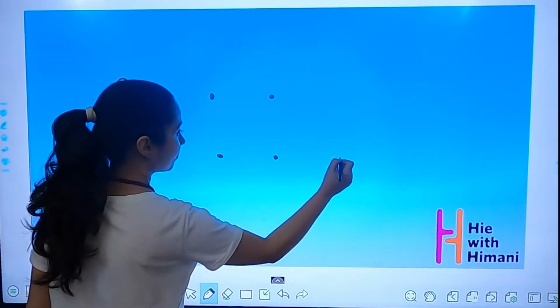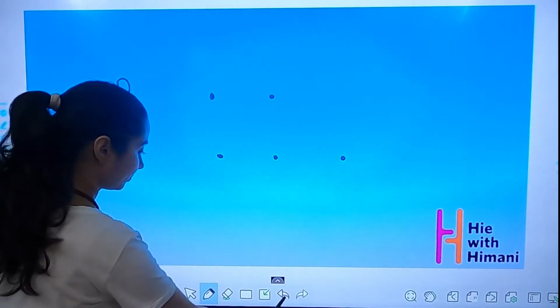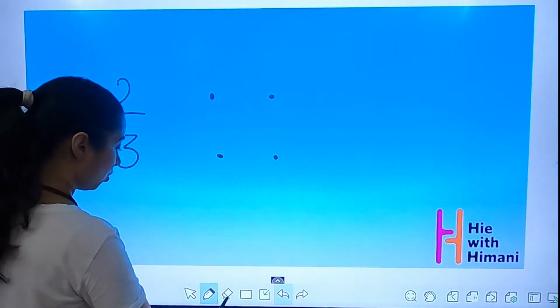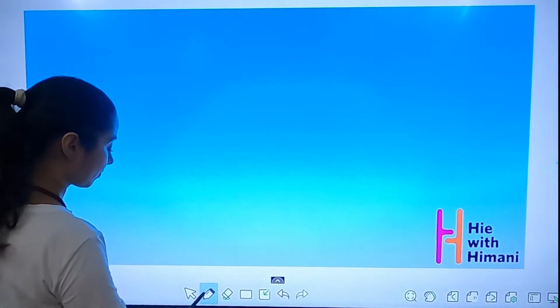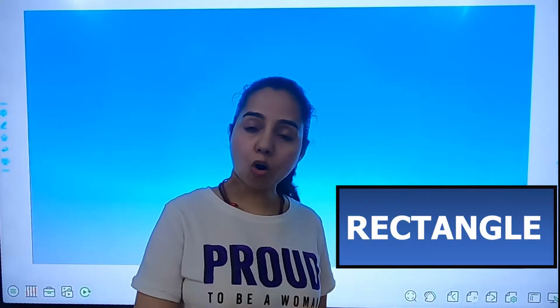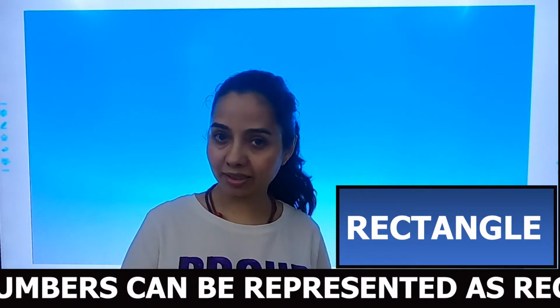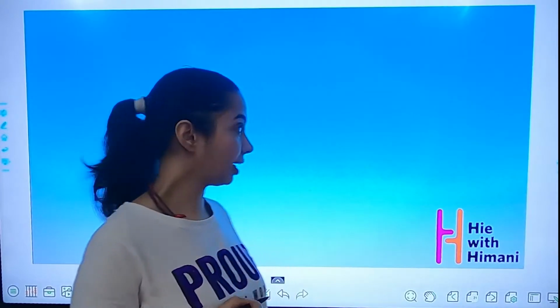So this is the representation of whole numbers as line. Now, whole numbers as rectangles. All even numbers could be represented as rectangles. Like this.